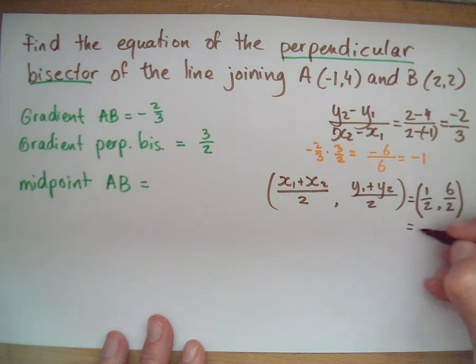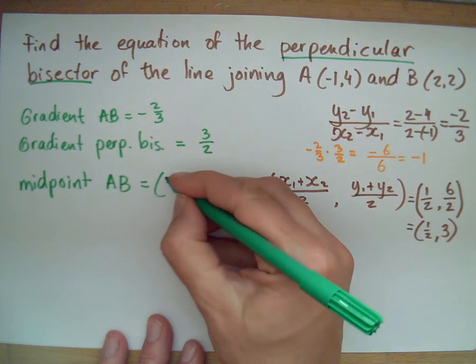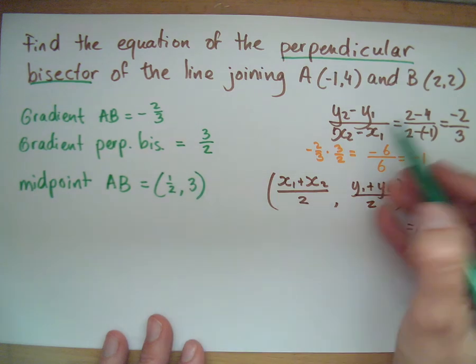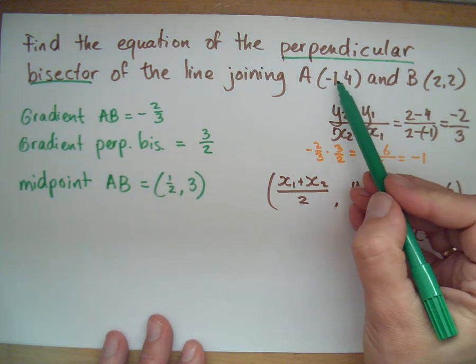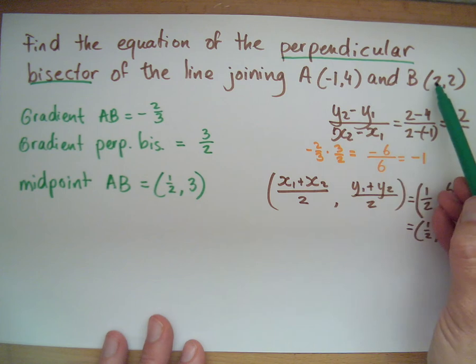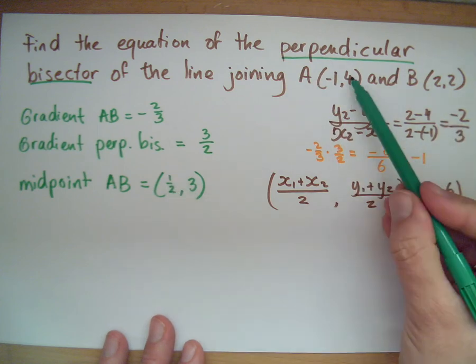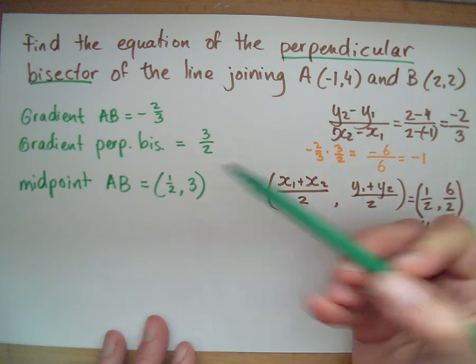Okay, so our simplified coordinates would be 1/2. 6 divided by 2 is 3. So the midpoint of AB is 1/2, comma, 3. And that seems reasonable because exactly between negative 1 and 2 is 1/2, right? And exactly between 4 and 2 is 3.